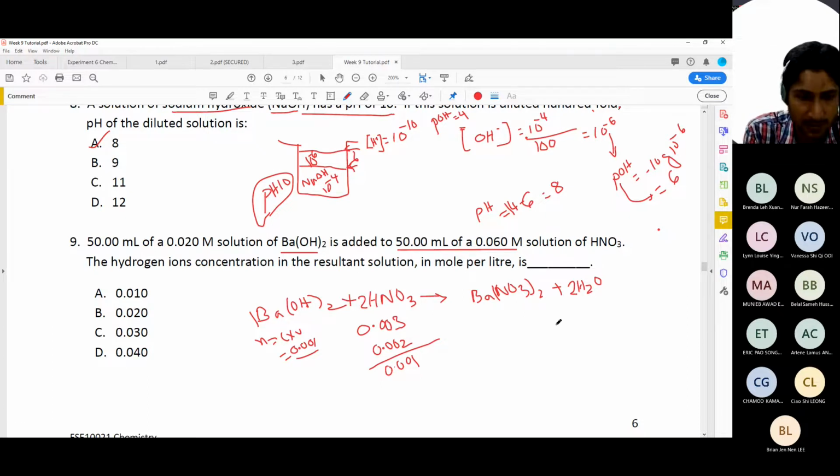What is the wrong thing I'm doing? 0.05 times 0.02 is 0.001, and then it is 0.05 times 0.06, 0.003. It is a 1:2 reaction, and 0.001 mole will take 0.002, which at the end I will be left over with 0.001.